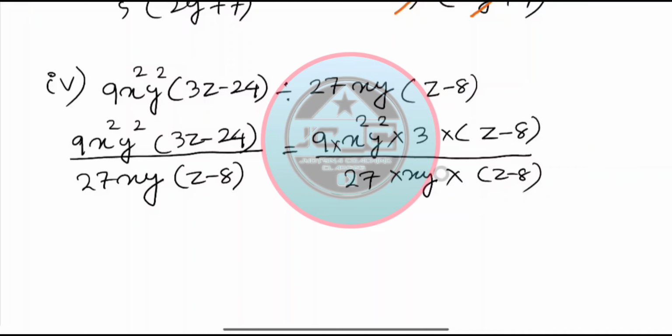Now as we know, the common factor z minus 8 got cancelled. Now 9 times 3 is 27, 3 got cancelled, x got cancelled with x, y got cancelled with y. So the final answer that remains with us is x into y. This is the final answer. Now let's move to the fifth one.